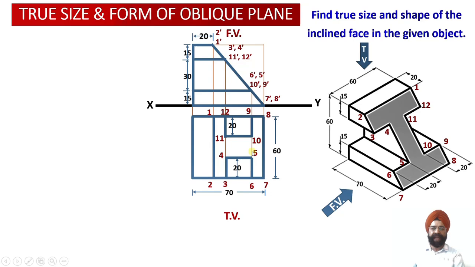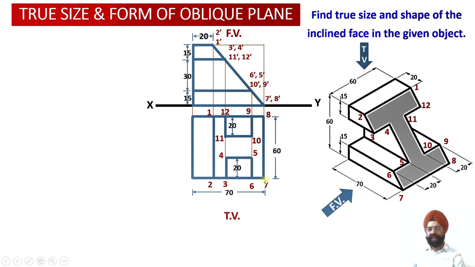Then as we are looking at the solid from this direction, what do we get? Points 6, 5, 10 and 9 are going to coincide. So as we are looking from the front side, these points 6, 5, 10 and 9 are going to coincide, and as they coincide, we get 6 dash, 5 dash, 10 dash, 9 dash in the front view projection.